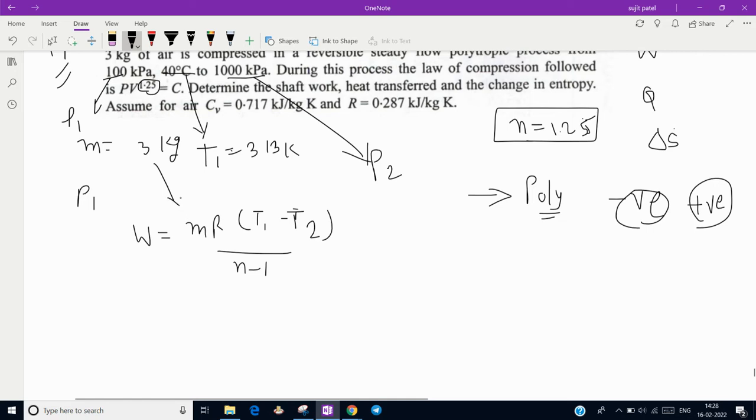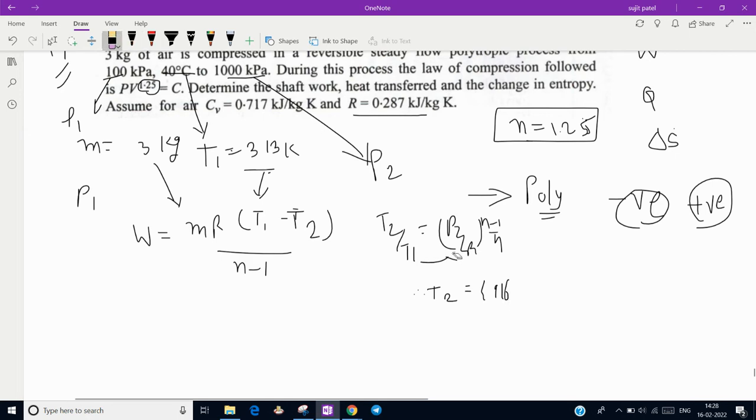M is given as 3 kg, R value is 0.287, and T1 is known, so we have to find T2. We know the relation T2 by T1 is equal to (p2 by p1) power (n minus 1) upon n, where n is 1.25.